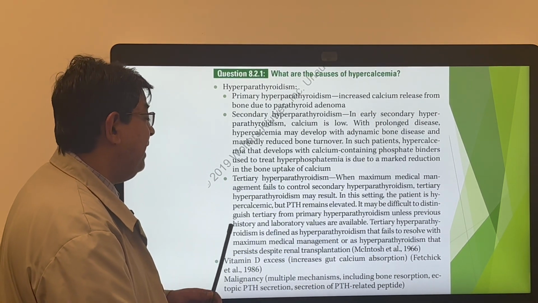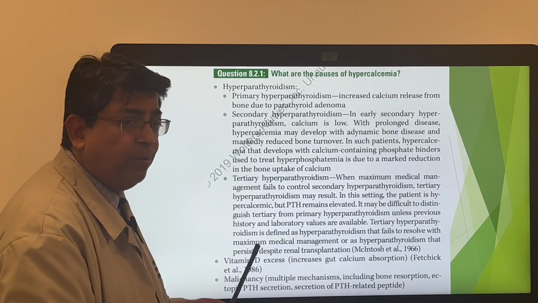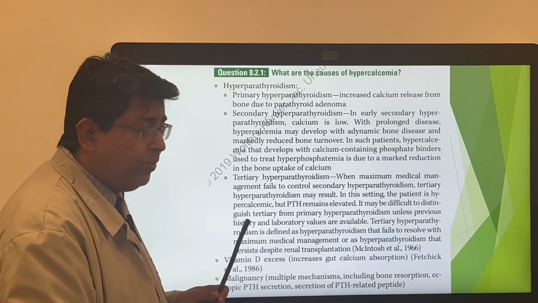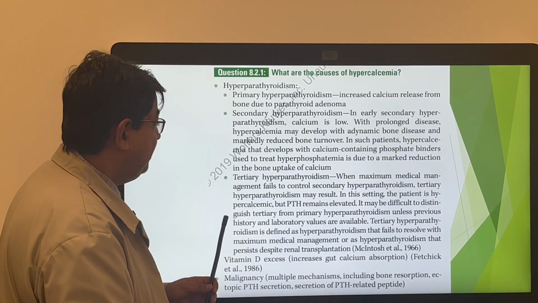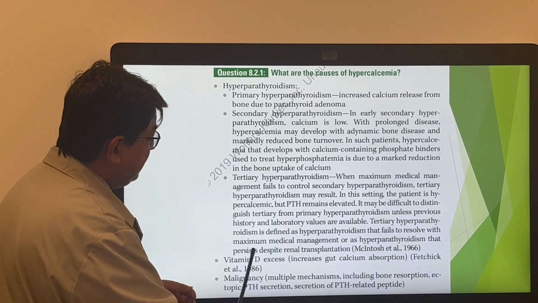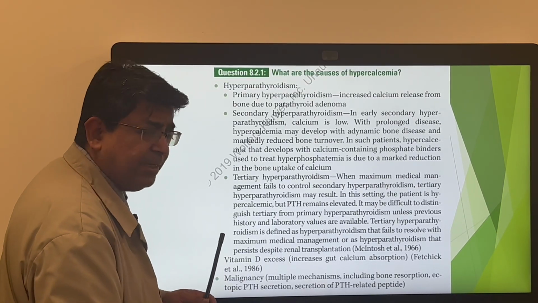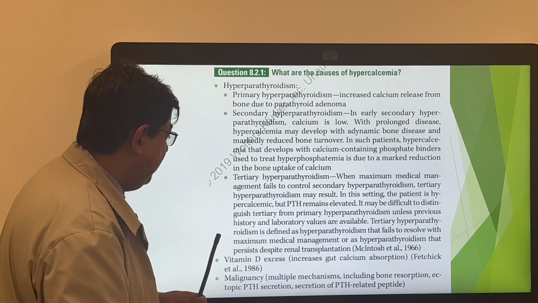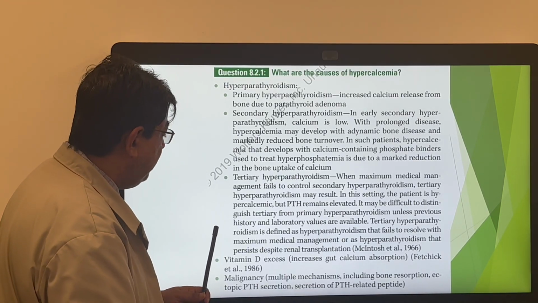So one would expect that after transplantation, the bone mineral metabolism axis would improve, but sometimes it does not because of tertiary hyperparathyroidism. Vitamin D excess does occur actually quite commonly, and it can increase gut calcium absorption.